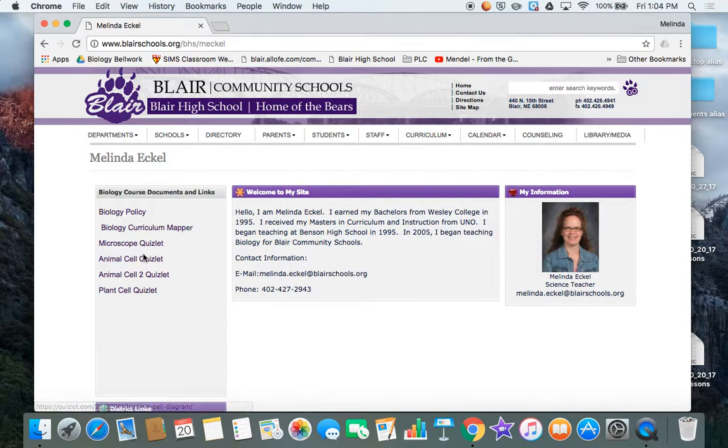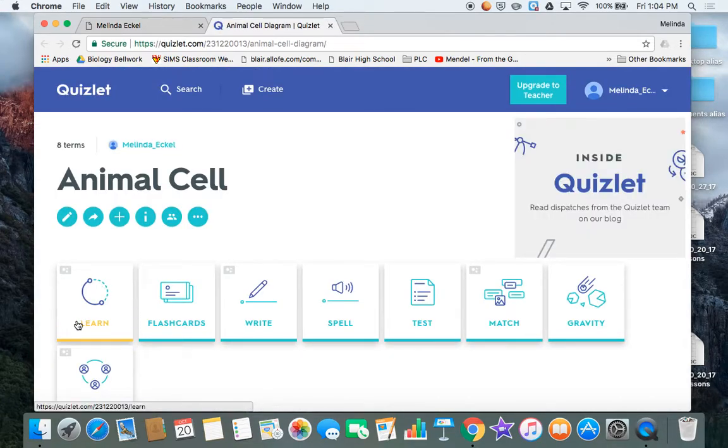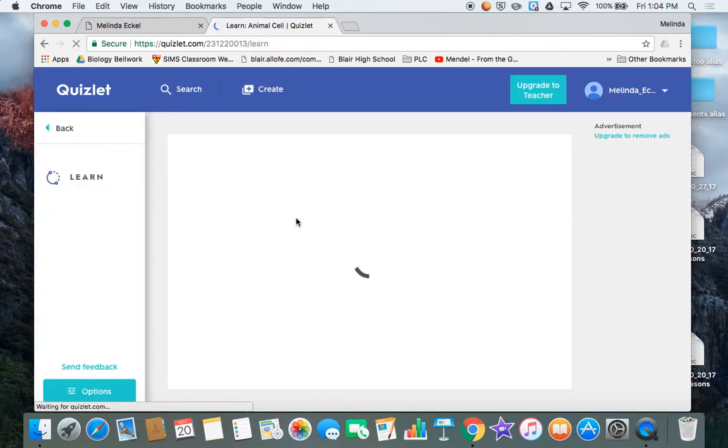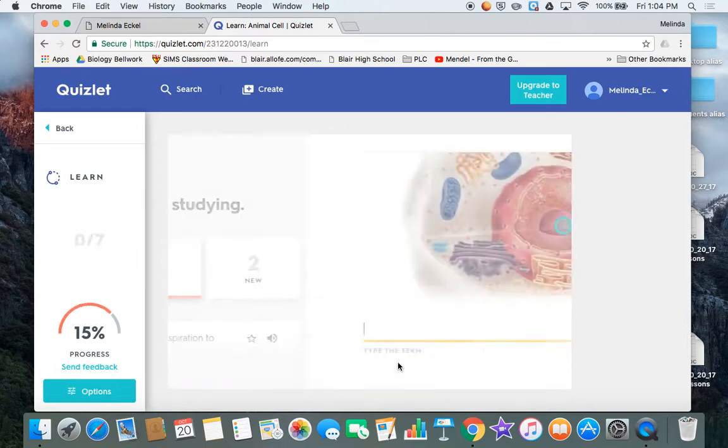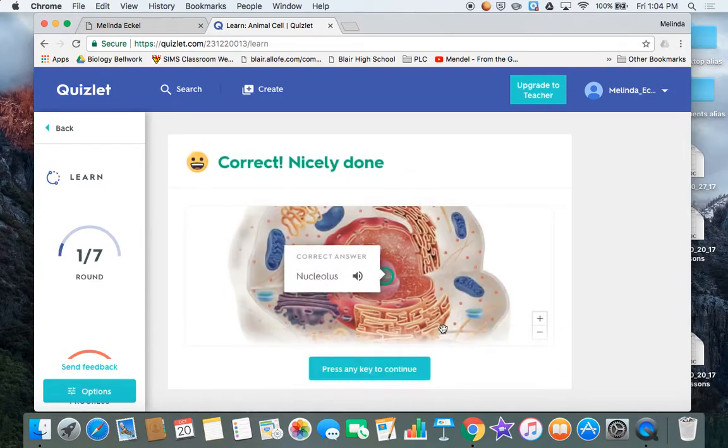And then if you click it on, here's the animal cell. I would go with learn. So it's both sides, and then it's going to give you what the parts are as well and what they do, okay?